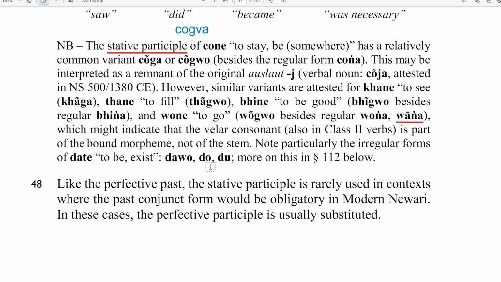When we see something existed or there is something, we often have this do. And if you say there is not, there is madu. In modern Newar, people would say madu, something we don't have. Or sometimes it becomes retroflex like maru, but it's the same. It's just the verb to exist.